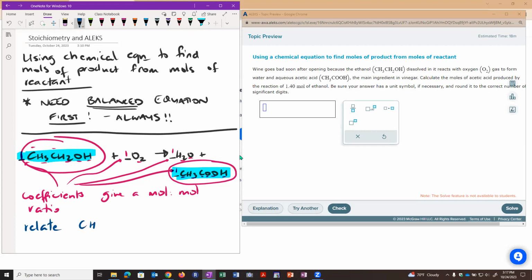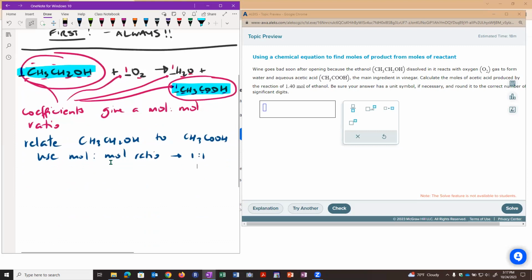We're trying to relate the CH3CH2OH to the CH3COOH, and we use there the mole-to-mole ratio, which in this case is just a 1-to-1 mole ratio. So we can say then, according to that ratio that we get from the balanced equation, that 1 mole of the ethanol, CH3CH2OH, produces or equals 1 mole of the acetic acid, CH3COOH.